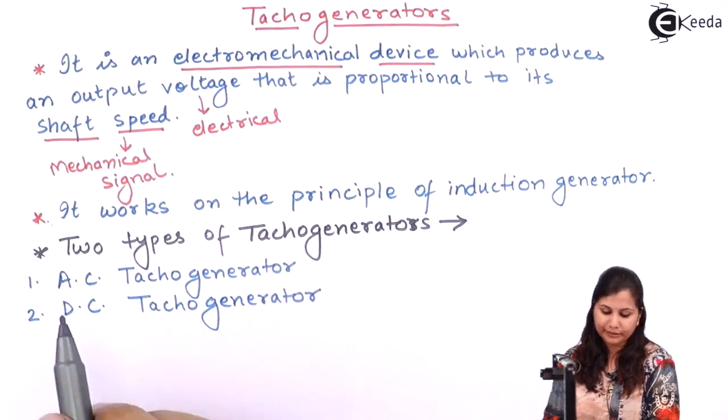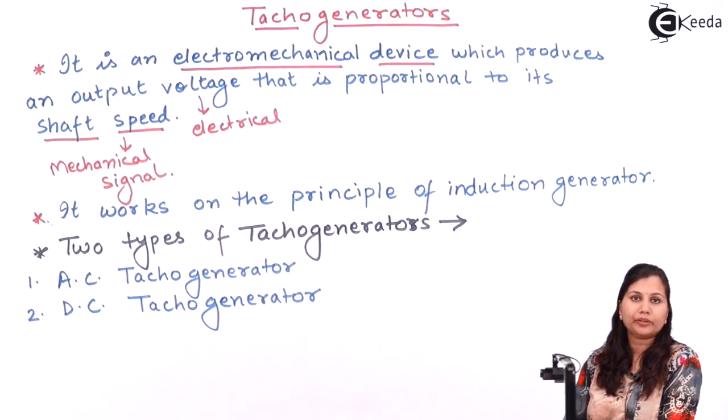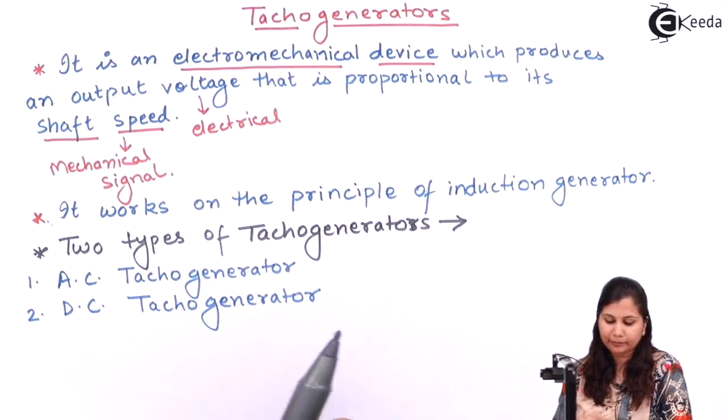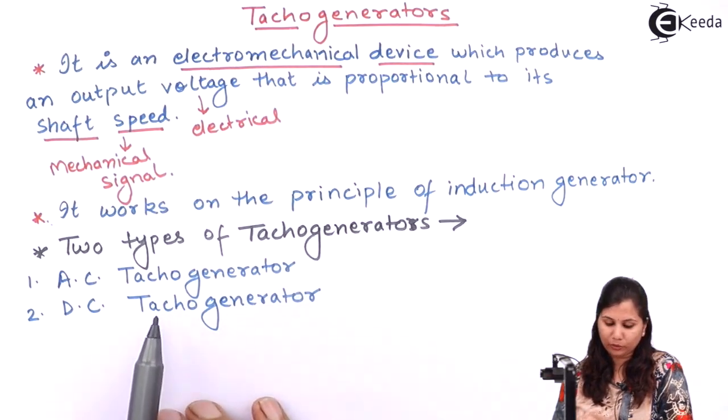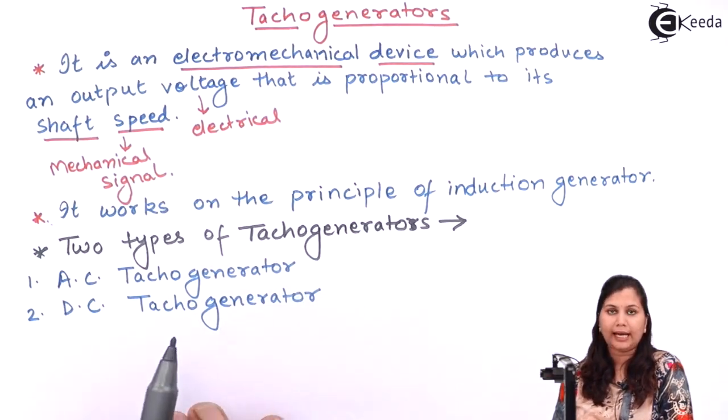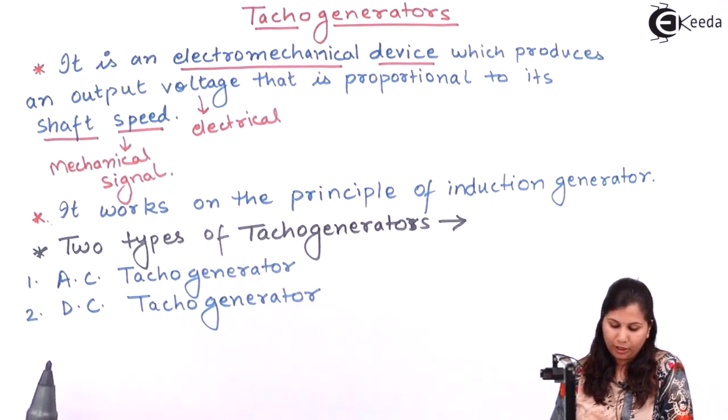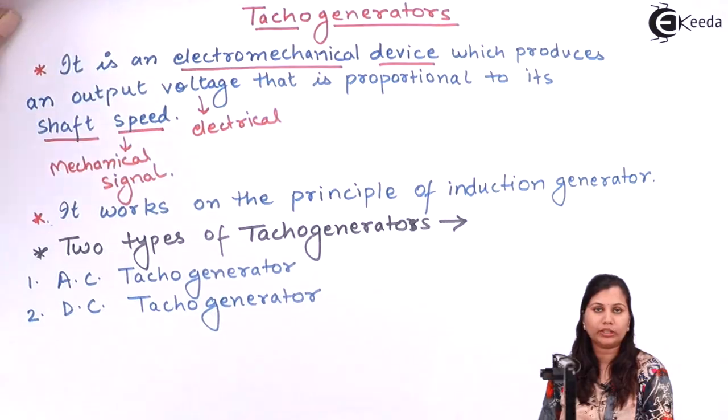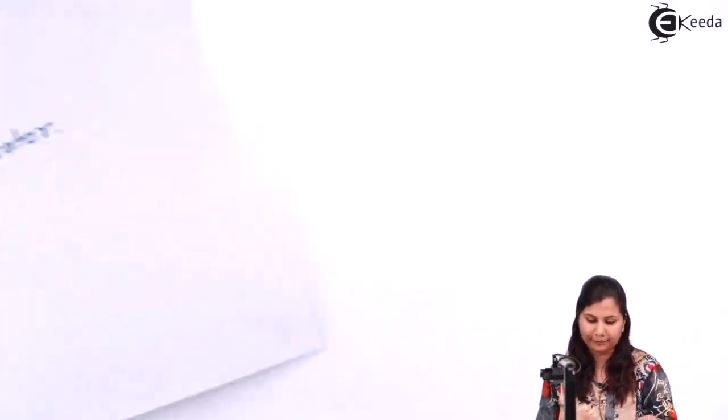They are classified according to the input signal: if the input signal is AC, then it is called an AC tachogenerator, and if it is DC, then it is called a DC tachogenerator. So first let us study the DC tachogenerators.